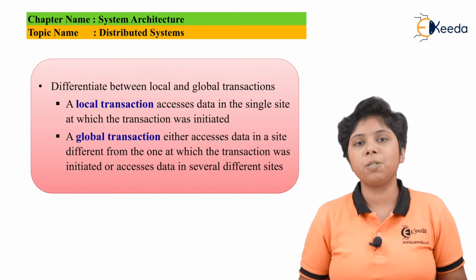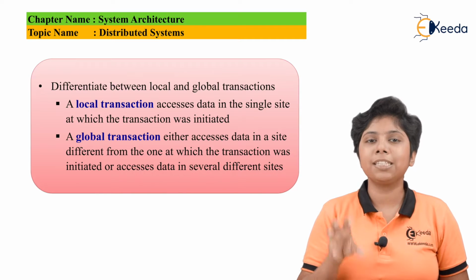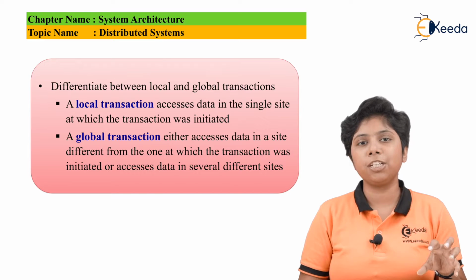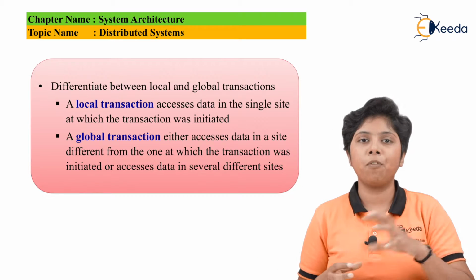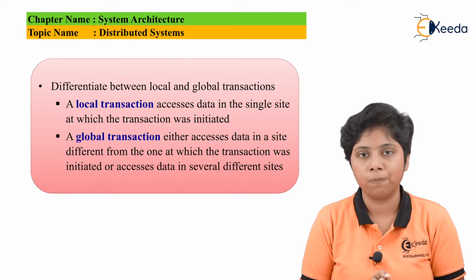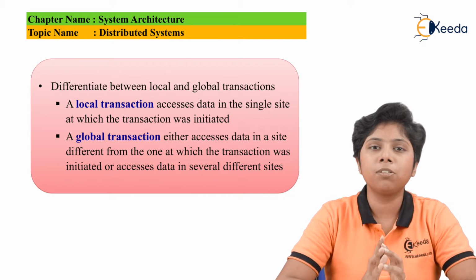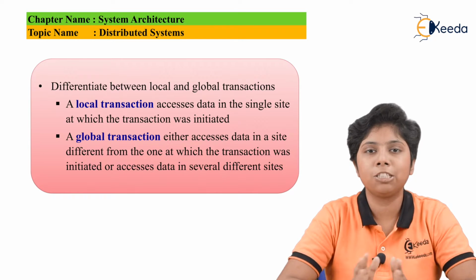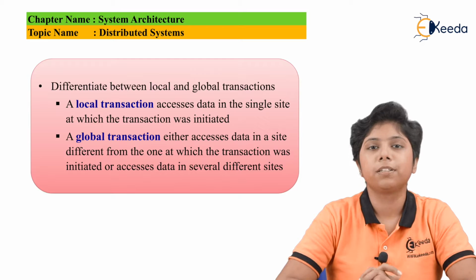The main difference between the two is that a local transaction is initiated and performed at the same location, while a global transaction is initiated at one location and performed at another location connected via a virtual network. That is one feature of this distributed system.